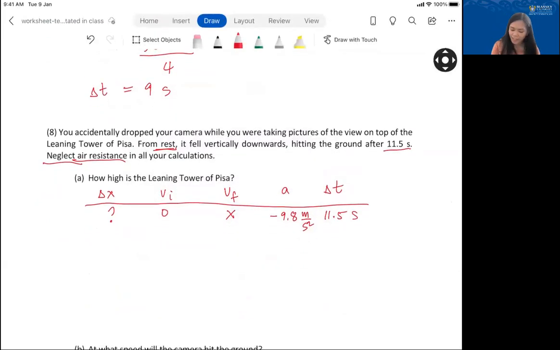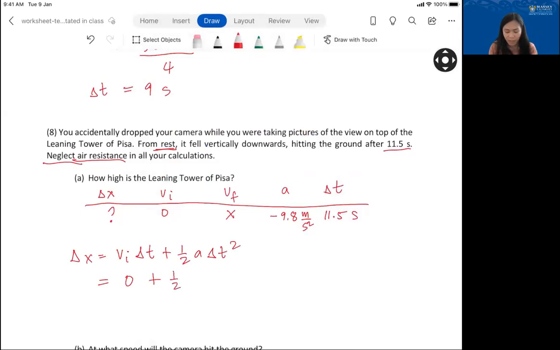Yeah, okay. Right, so we want delta x, and that's the only equation we can use, VI delta t plus 1/2 A delta t squared. Okay, VI is 0, anything we multiply with 0 is 0, so we have just 1/2.